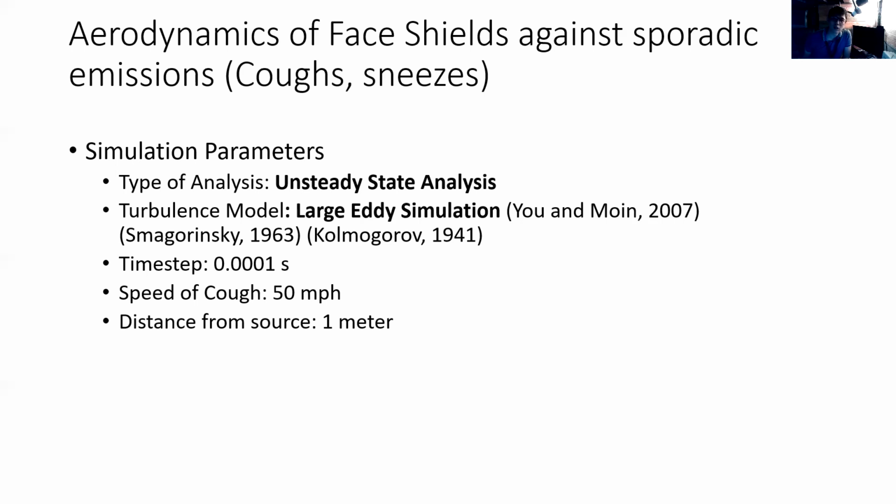We model the small eddies while we resolve the large eddies in large eddy simulation. We'll be using the one equation turbulence model proposed by Yu and Moyne in 2007. The LES model was first proposed by Smagorinsky in 1963. That's why I mentioned this author. This was a great contribution actually.